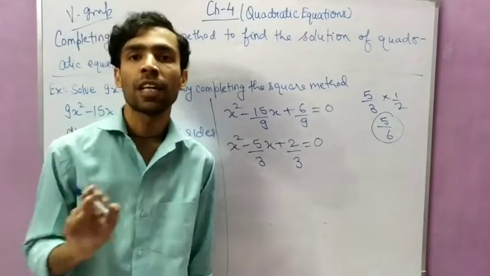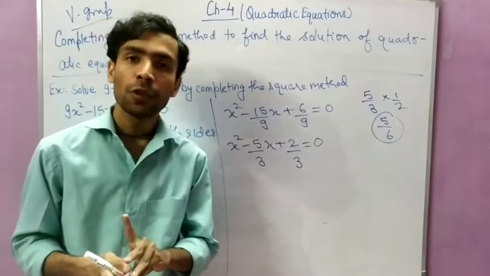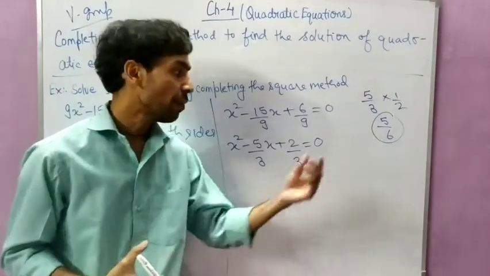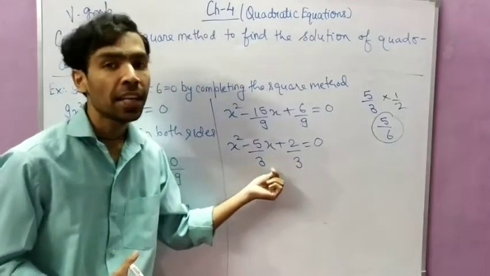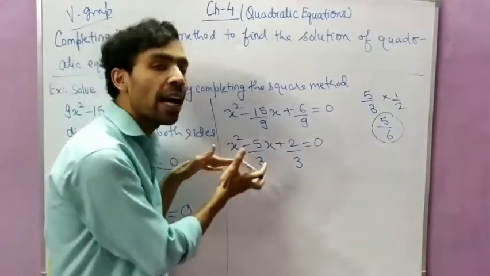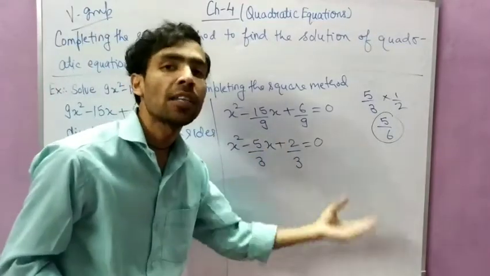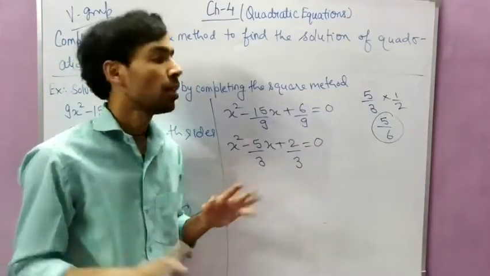It will not affect the equation. Whatever number you add to the LHS, the same number you add to the RHS. By doing that, the equation will remain the same. Nothing will be different.